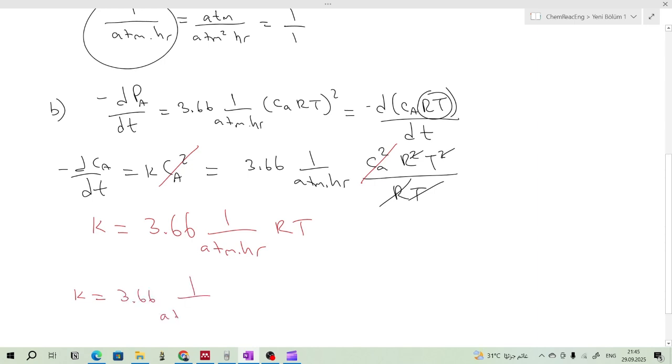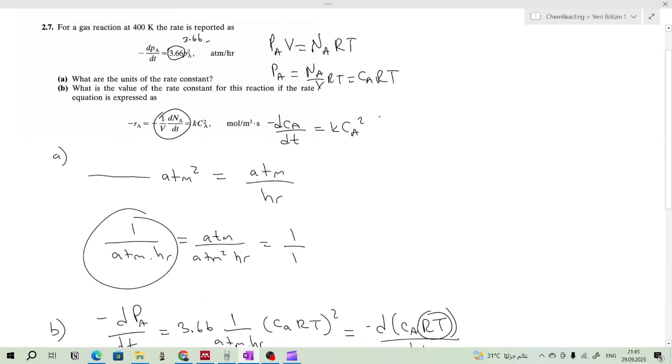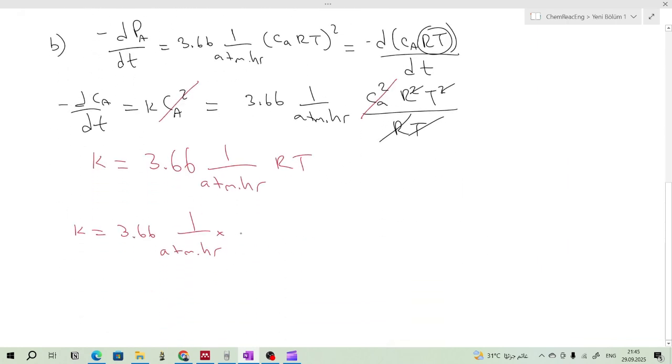You can use any version of the ideal gas constant, because it will only affect the number and the unit. But the atm-based version will cancel the atm, so it is more convenient to use: 0.0821 atm liter per mole Kelvin.